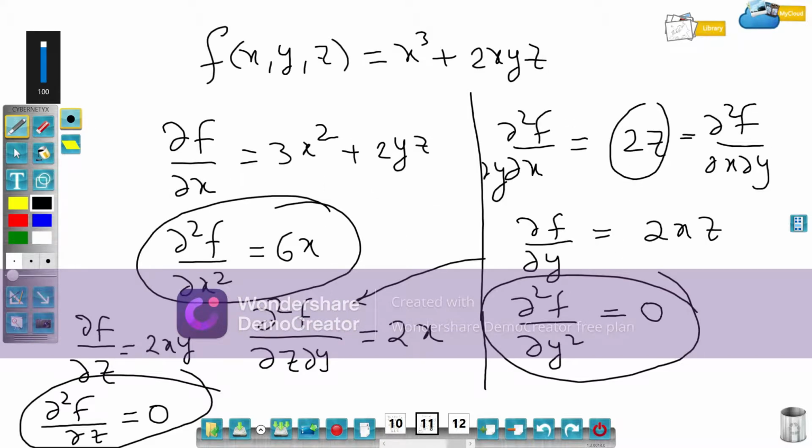Then xz: if I differentiate with respect to x, ∂²f/∂x∂z, I'll get 2y.